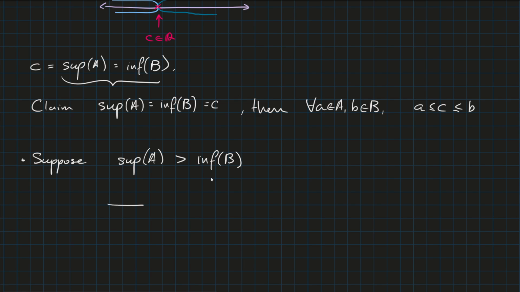We can say that A goes up to some supremum, and since the supremum of A is strictly greater, B goes down to the infimum of B. So we have a little gap there. Maybe gap is not the right word, but we have an overlap.